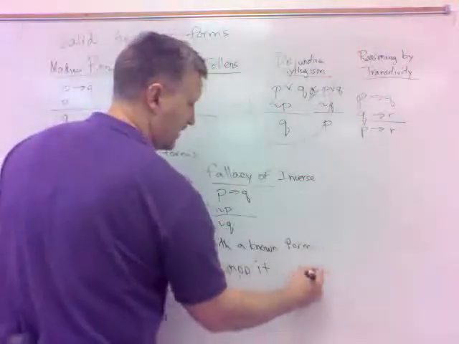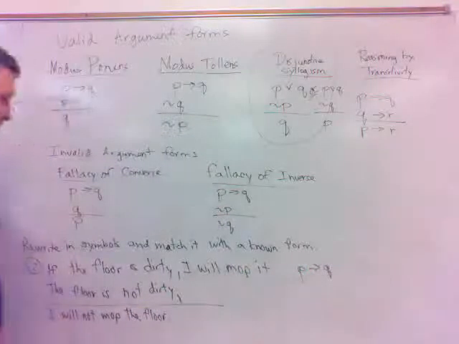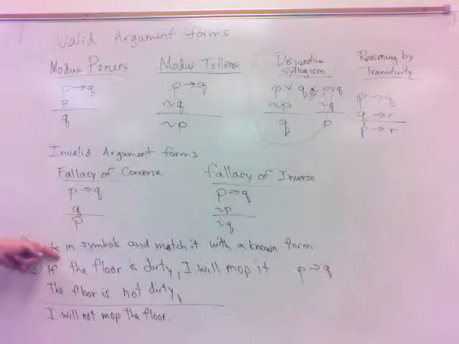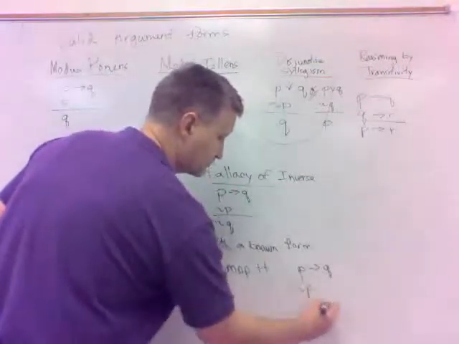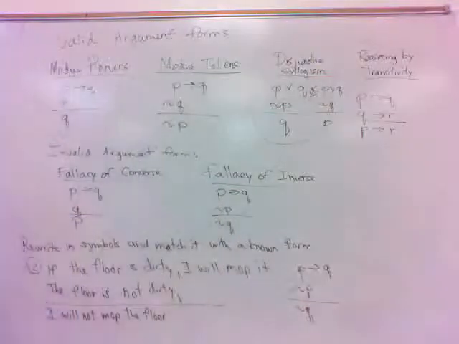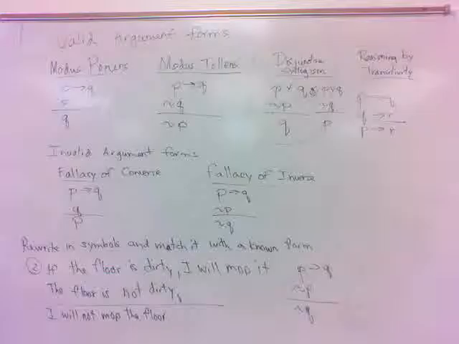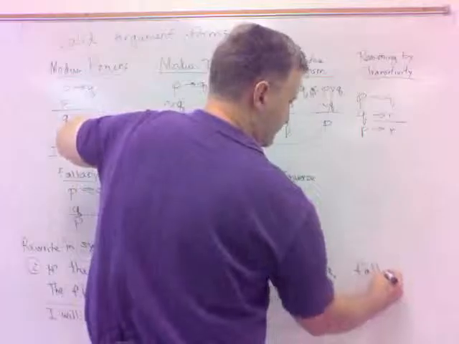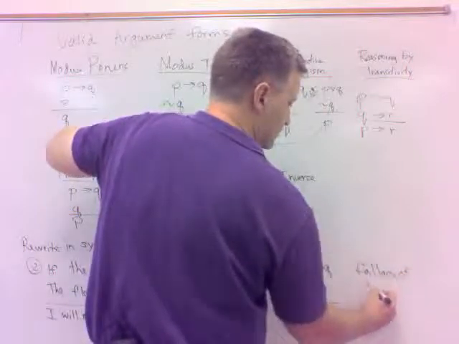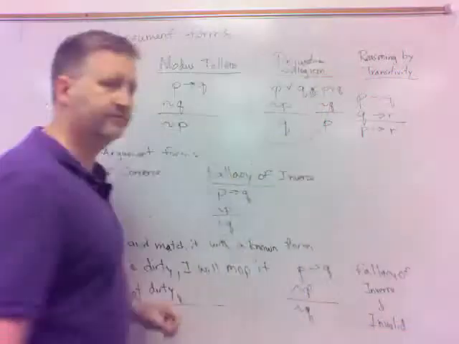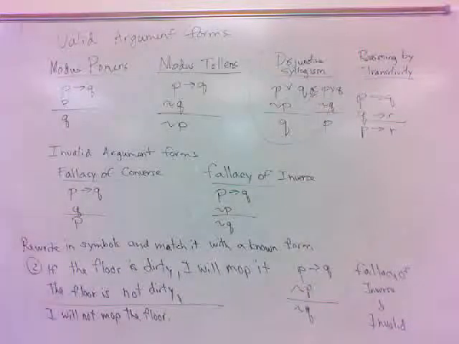That's P arrow Q on top, the first premise, but what about the second premise? The floor is not dirty. That's the opposite of the floor is dirty, so that's not P. Conclusion, I will not mop the floor. That's not Q. What's that one? It's this one right here: fallacy of the inverse, invalid. So it's a little easier. You don't have to go make truth tables and all that. Let me give you one more just to show you what this one looks like.